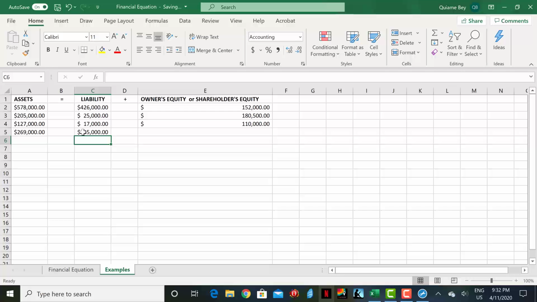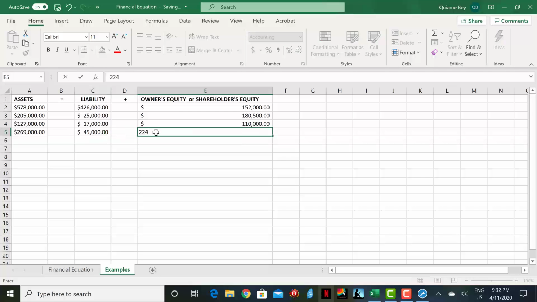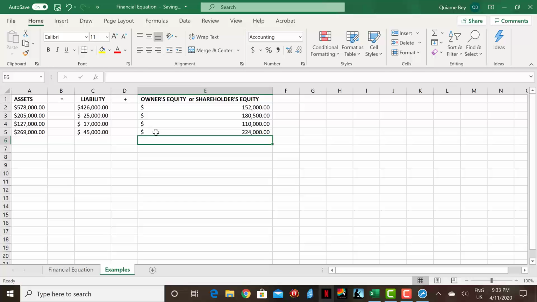To find the current stockholders' equity, we simply subtract the liability, which is $45,000, from the total assets, which is $269,000. $269,000 minus $45,000 equals $224,000. Total liability and stockholders' equity equals $269,000, and the account is balanced.